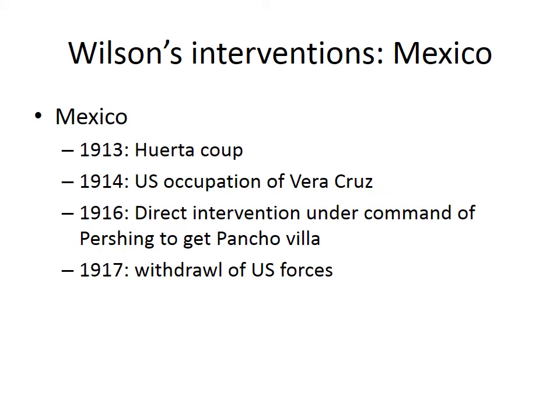Then we have his more famous interventions in Mexico. Without getting in too deeply into Mexican politics, in 1913, a populist government under Huerta stages a coup against the military dictatorship in Mexico.